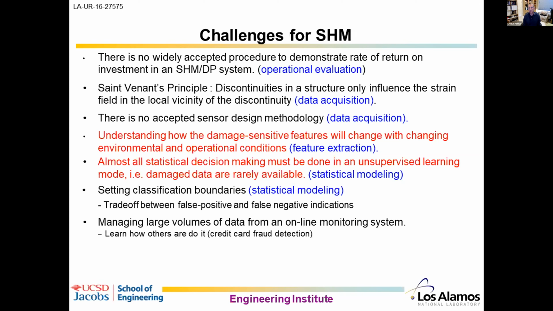You could think of credit card fraud detection as kind of an anomaly detection where you have lots and lots of data and you're looking for the needle in the haystack, if you will, where there's some indication of fraudulent behavior in this huge volume of data that's coming in each day. And if the credit card companies were willing to share how they do that, that might be something that the structural health monitoring community could really learn from.